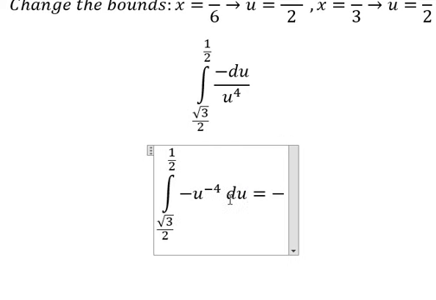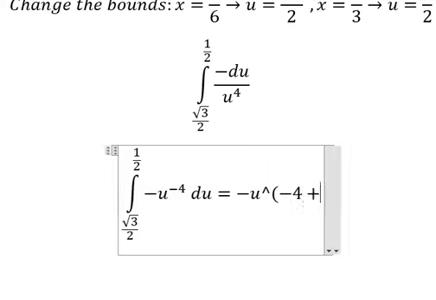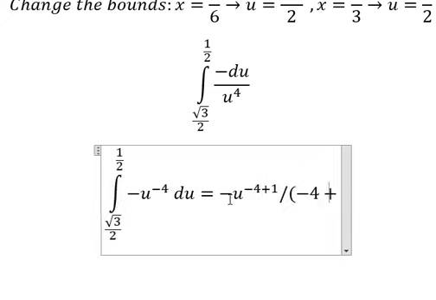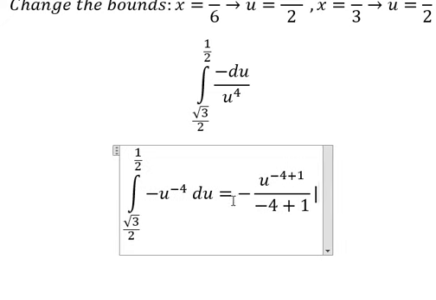And now we have the final answer. And then we put the bounds from this one to this one.